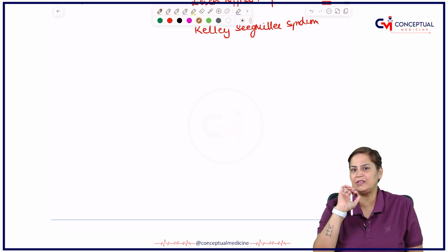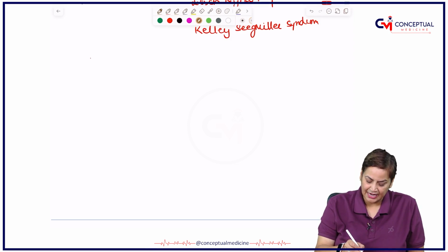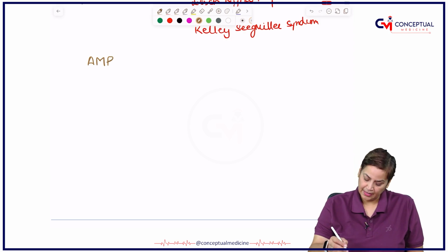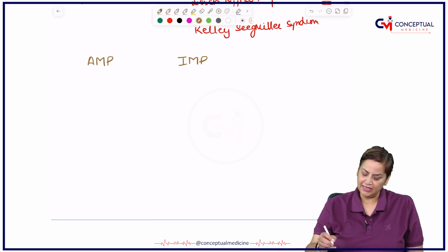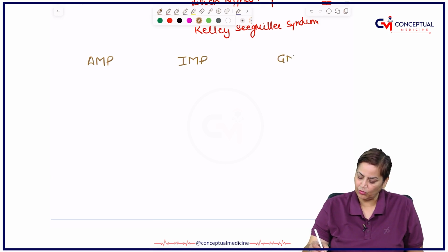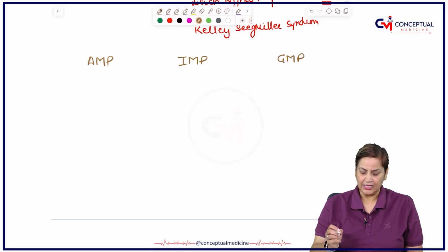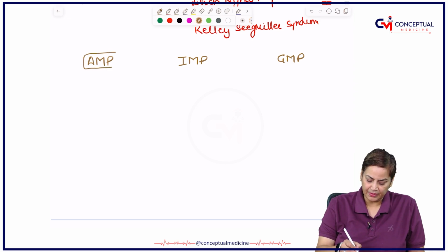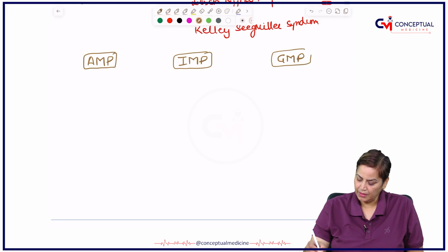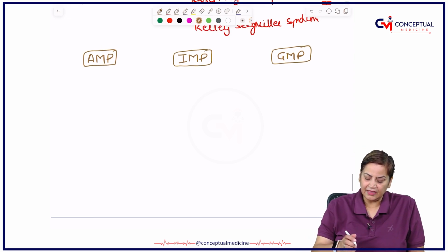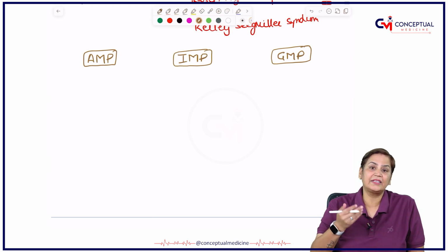So ideally we can simply say that adenosine monophosphate, inosine monophosphate and guanosine monophosphate are the three principal purines.